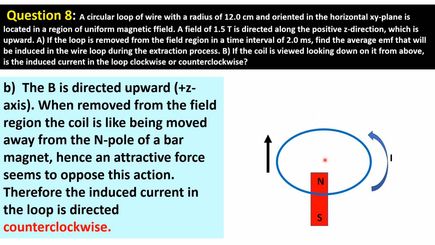And the only kind of force that will exist is an attractive force between the north pole of the magnet and the south pole of the coil. So with that in mind, you can now use your grip rule. As you point your thumb upward, your forefingers will represent the direction of the induced current in the coil, which of course will be counterclockwise.